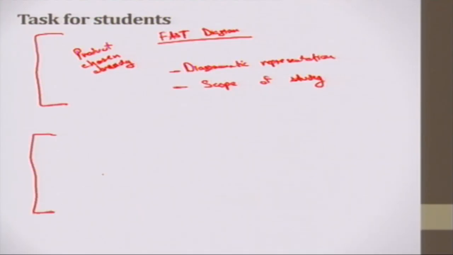This is regarding the FAST diagram. The second task here is regarding creativity. As I told before, if possible, please group into 3 to 5 persons.